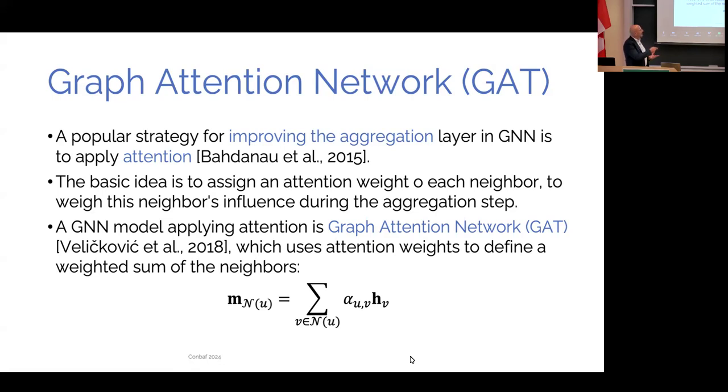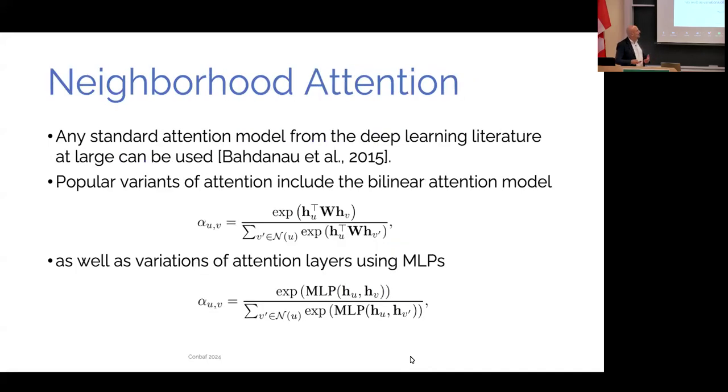So in the graph, the attention is implemented using weights. So we weight the contribution of the nodes that are around the node u using some weights, so learning some weights. We will try to give more weight to some of the nodes that, in our opinion, are more important than others.